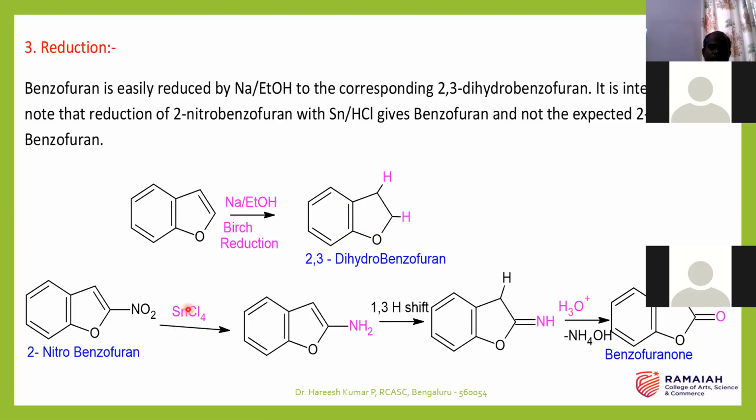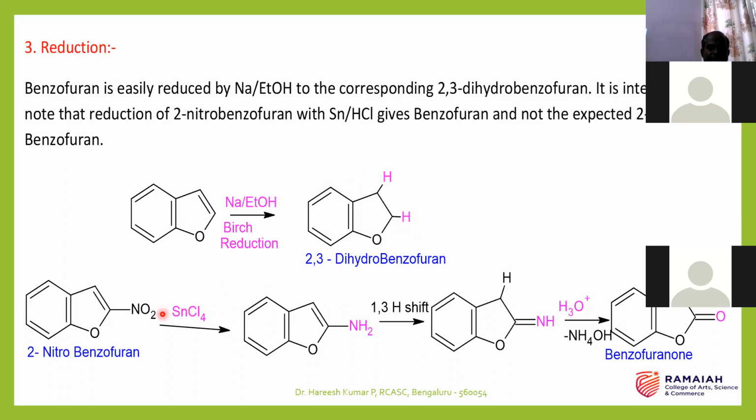I will take one more example. Here stannous chloride is also another reducing agent. How will it reduce? Stannous gets converted into stannic. Stannous means Sn plus 2, stannic means Sn plus 4, isn't it?